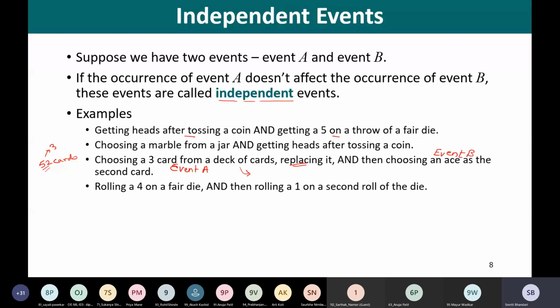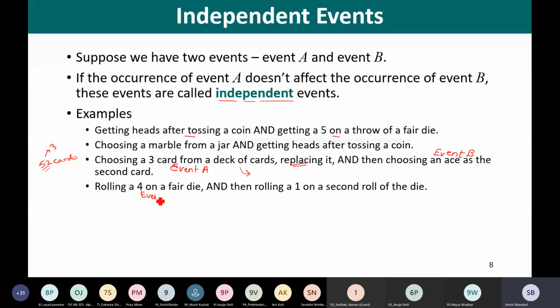Similarly, we have one more example here. Rolling a 4 on a fair die and then rolling a 1 on a second roll of the die.